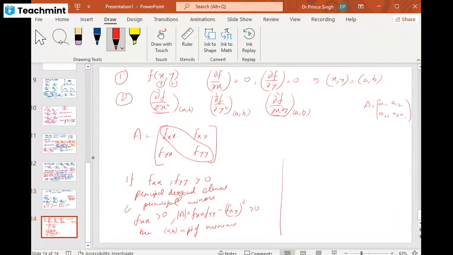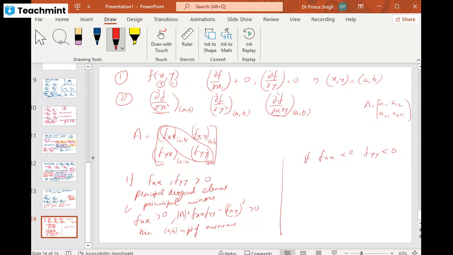And if f of xx and f of yy are less than 0, of course we are calculating the value at the point AB. We are calculating the second order derivative at the point AB only.